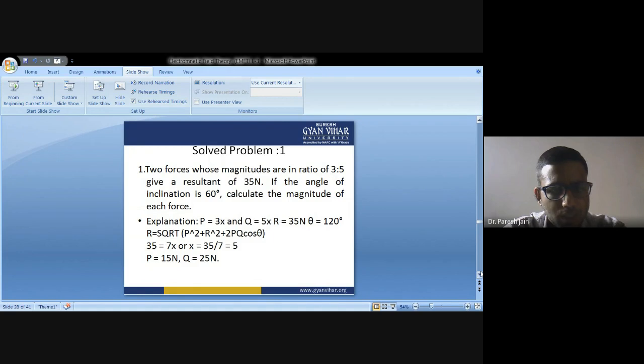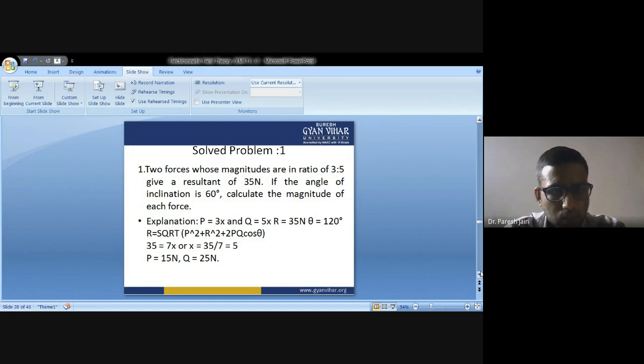We have to calculate the magnitude of each force. R is equal to the square root of P square plus Q square plus 2PQ cos theta. R is given as 35, and the square root of this term is 7x.